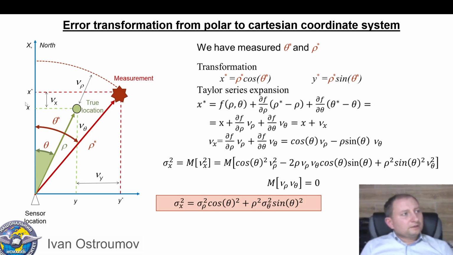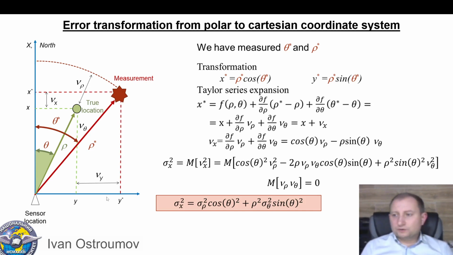Let's draw Cartesian reference frame, and for simplification, this reference frame will be located in the reference point of sensor location. In this case, true location will have coordinates x and y, and measured location got x and y coordinates, however, with a star.